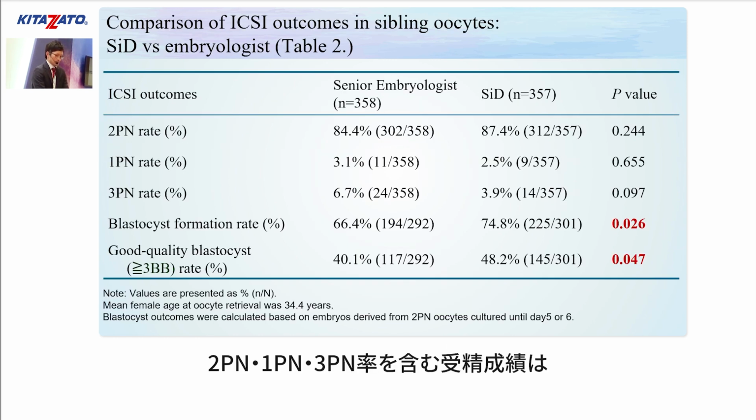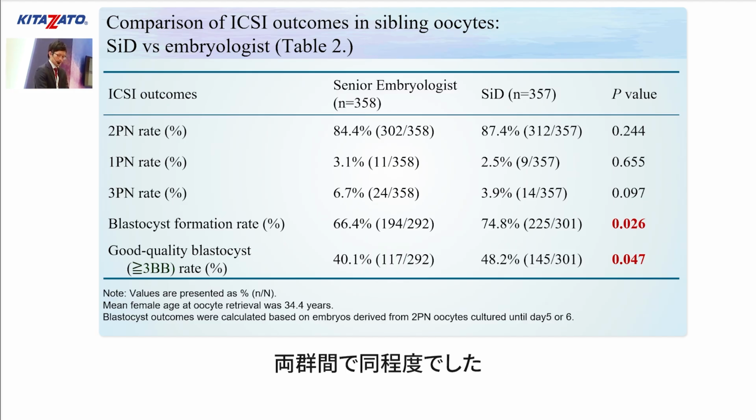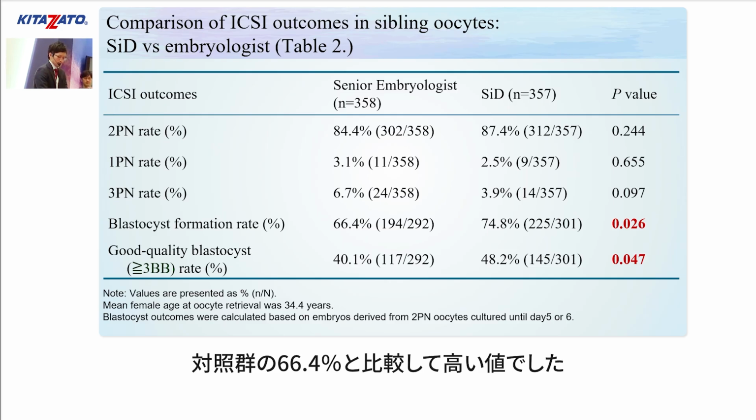The fertilization outcomes, including 2PN, 1PN, and 3PN rates, were similar between the two groups, consistent with our previous findings. However, the blastocyst formation rate was significantly higher in the SIDO group, 74.8%, compared to the control group, 66.4%.